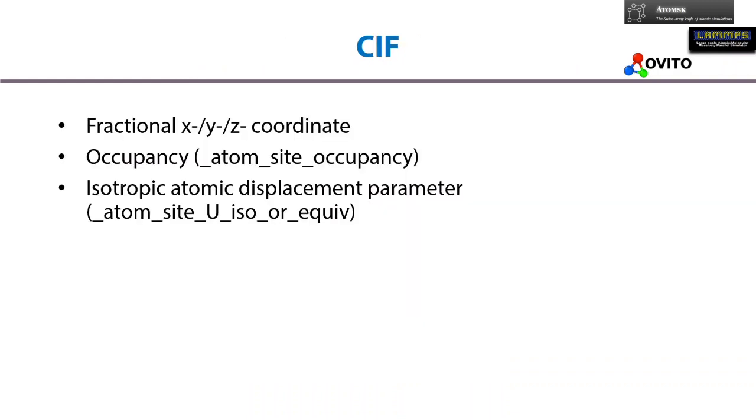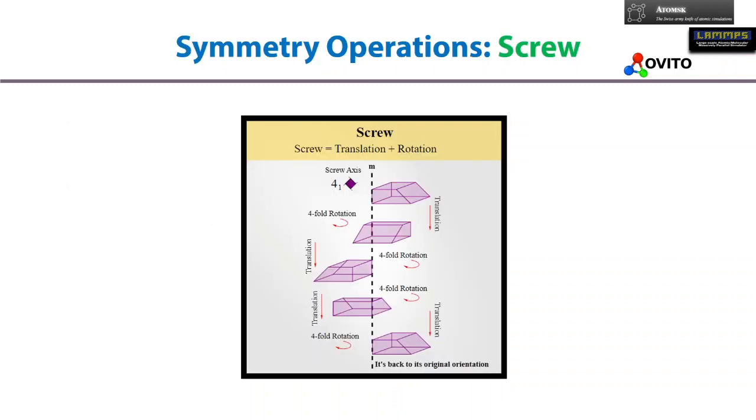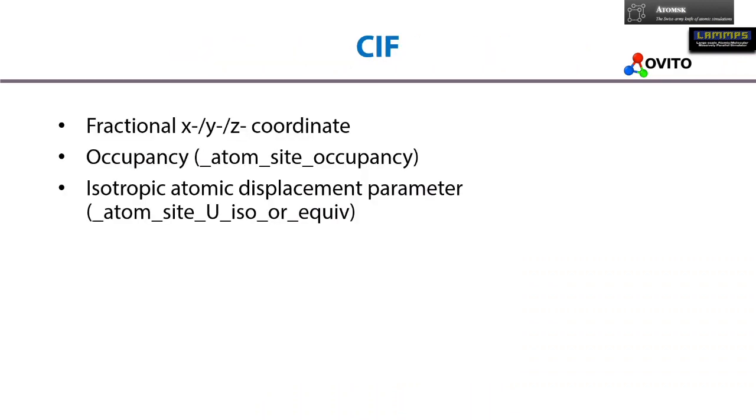Okay, so these are the basic symmetric operations you need to know about to understand Hall notation and the Hermann-Mauguin notation. Okay, so next you find CIF. There is other information also, like the fractional xyz coordinates. So what do fractional xyz coordinates mean?